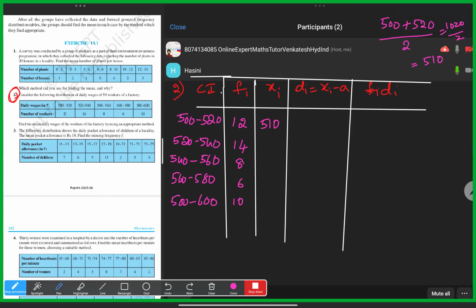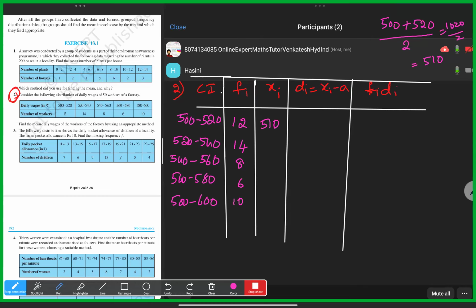Sir, is the next one 520? Why 520, Hasni? Because we should add the class size.